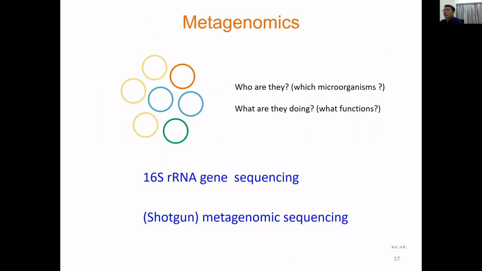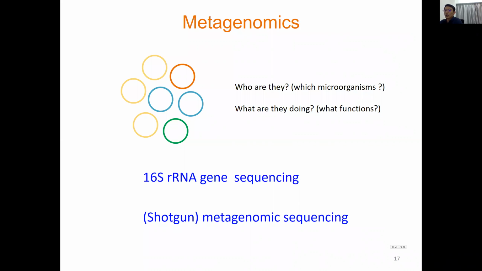To investigate a biological wastewater treatment process or bioreactor, we always care about two questions. The first one is which microorganisms are present in the reactor, and the second one is what are they doing? What function do they have? To answer these two questions, we can use 16S rRNA gene sequencing and shotgun metagenomic sequencing respectively.